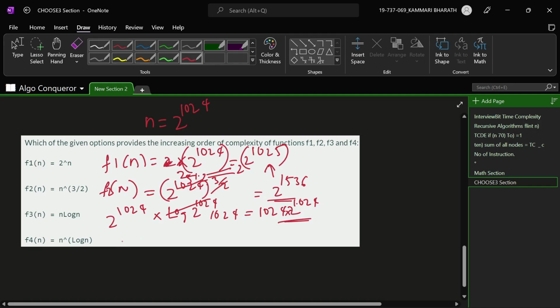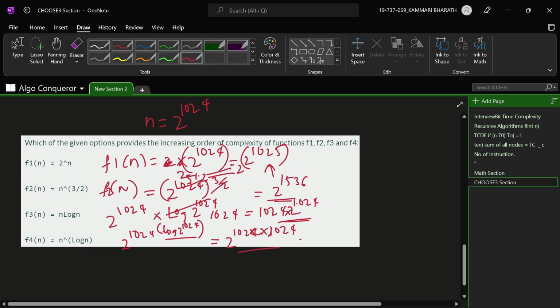And coming to the fourth, 2 power 1024 whole power log of 2 power 1024. Log of 2 power 1024 is 1024, so 2 power 1024 into 1024.